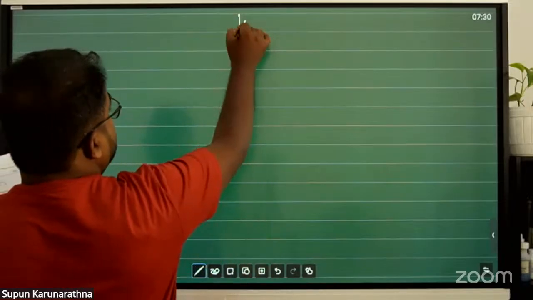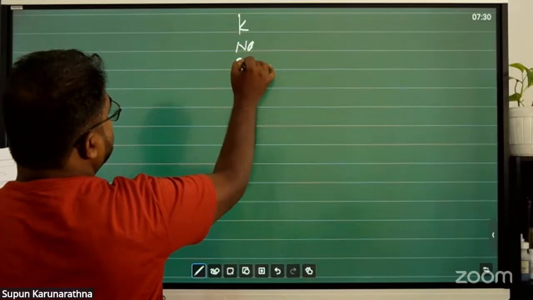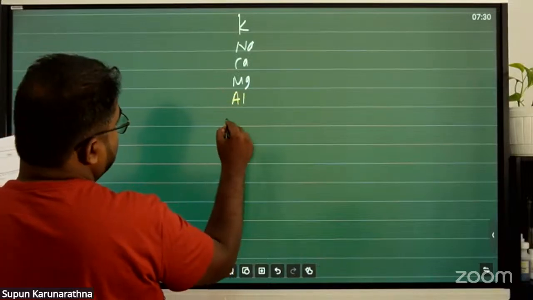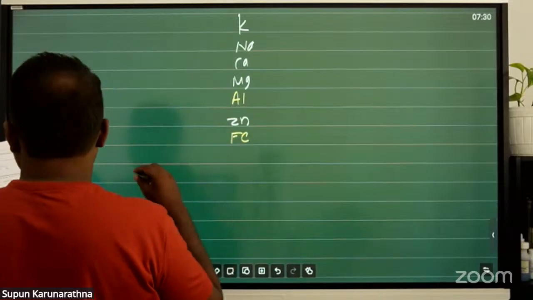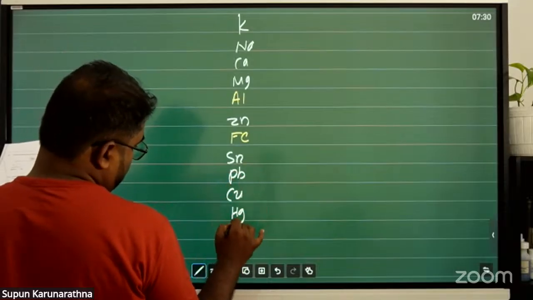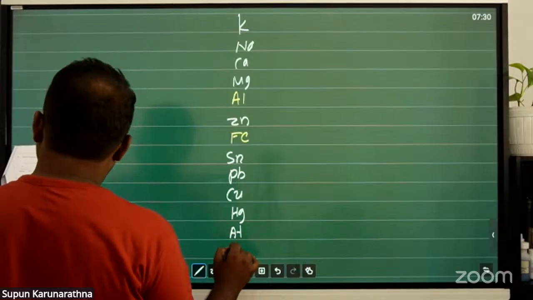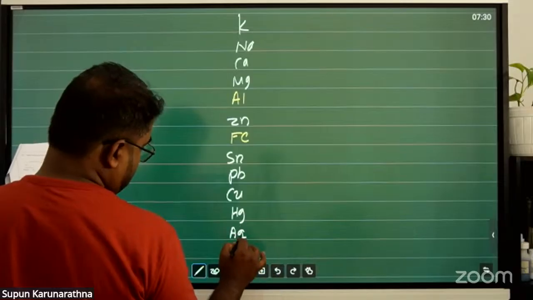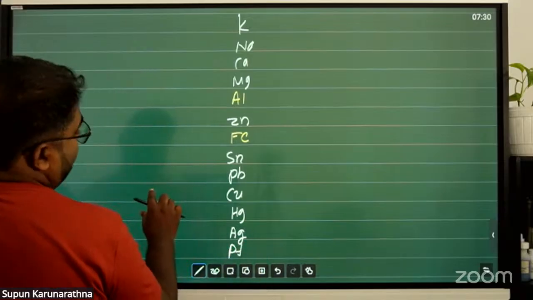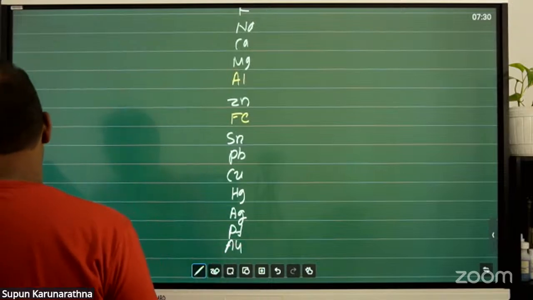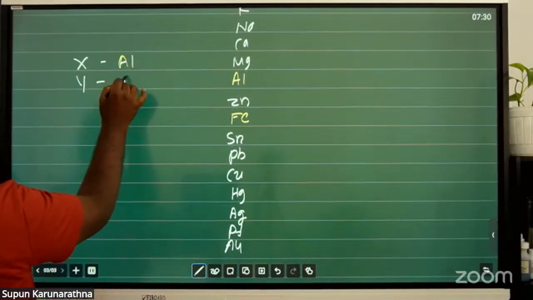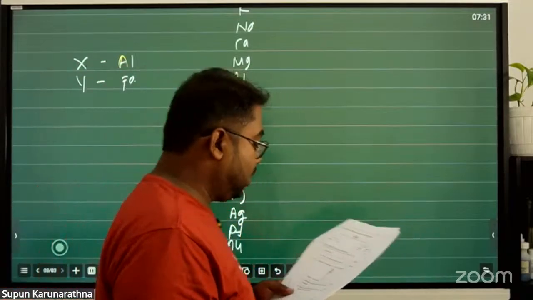Potassium, sodium, calcium, magnesium, here should be aluminium and here should be iron, and then gold. So X means aluminium, Y means iron. It's the answer for question number 3A.